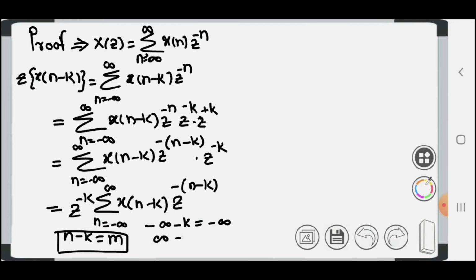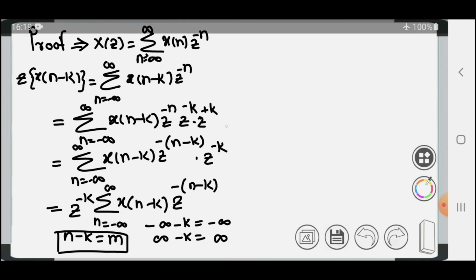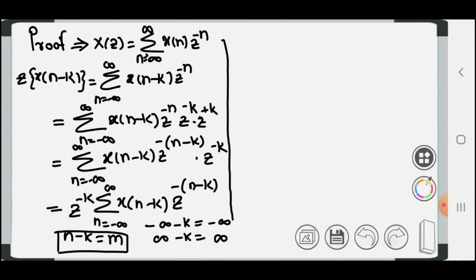For plus infinity minus k, if any k is reduced from infinity it won't affect the infinity. So the limits are not changing, they remain from minus infinity to plus infinity, and we can replace n minus k with m.